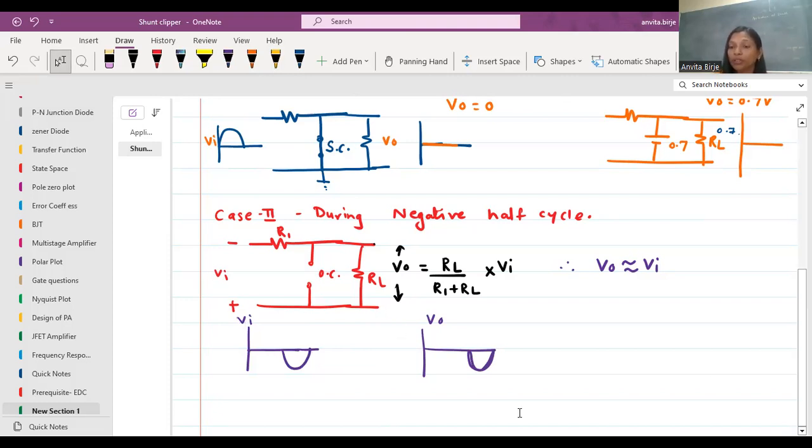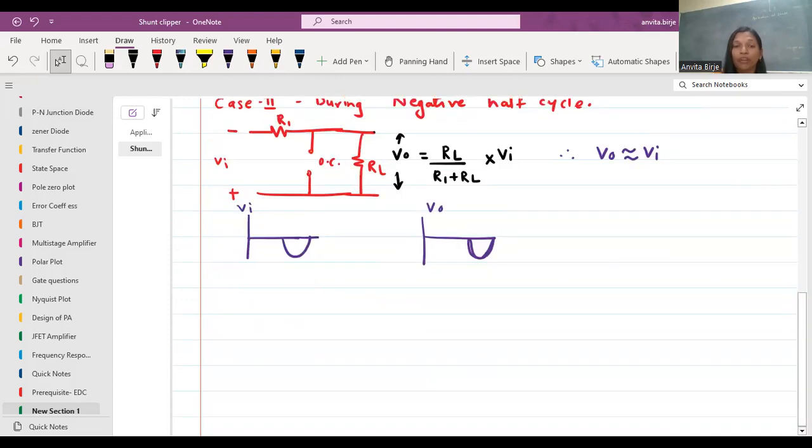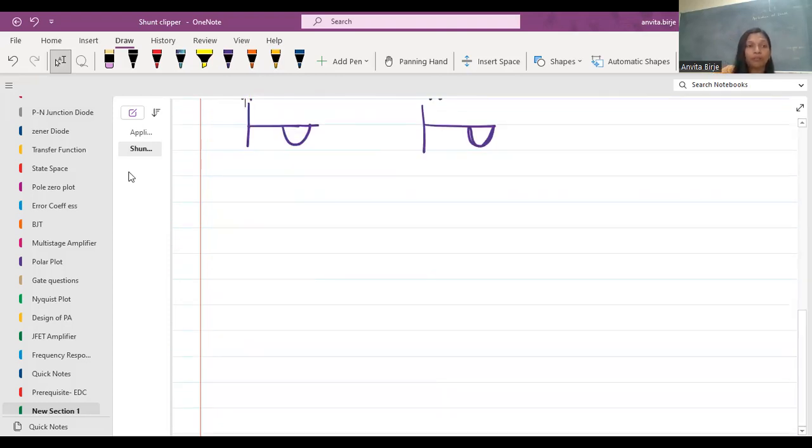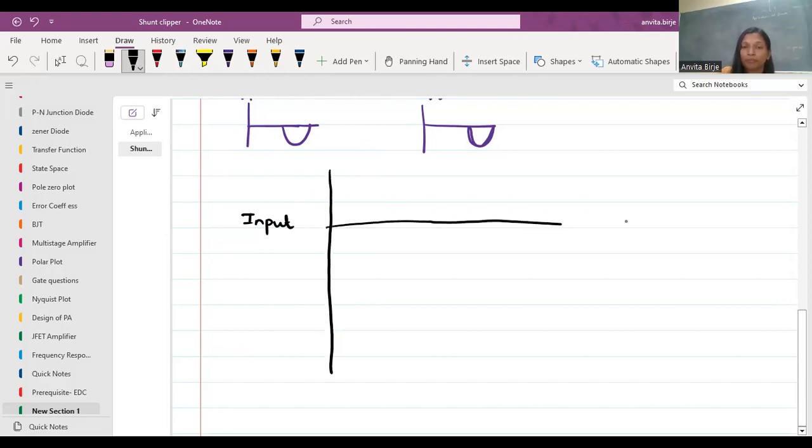So if I draw the complete input and output waveform, this is my input waveform, this is the time axis T. I'm plotting the waveform with respect to time.